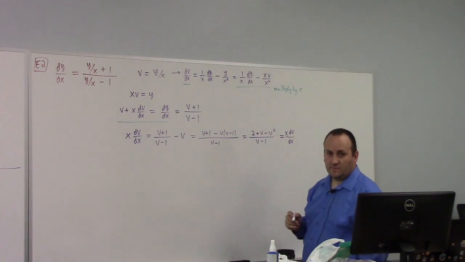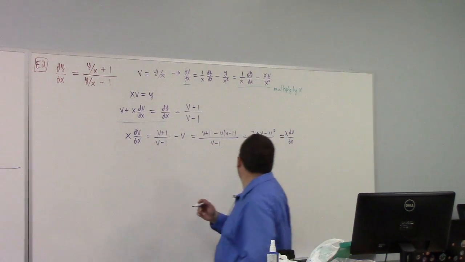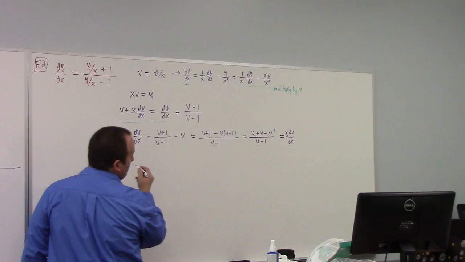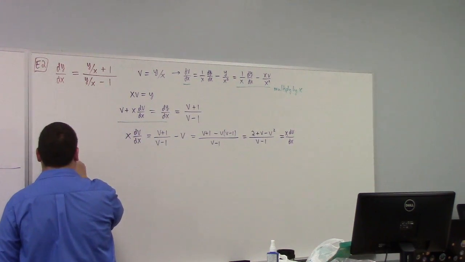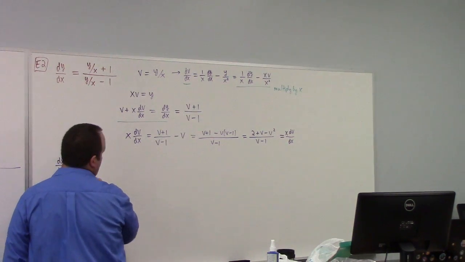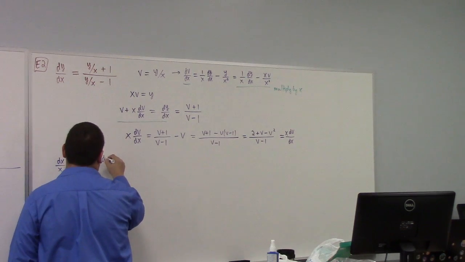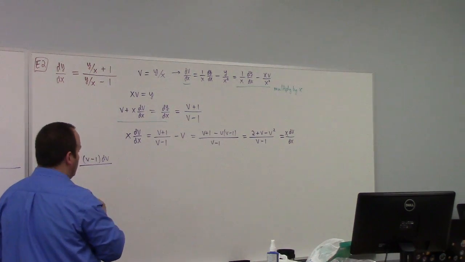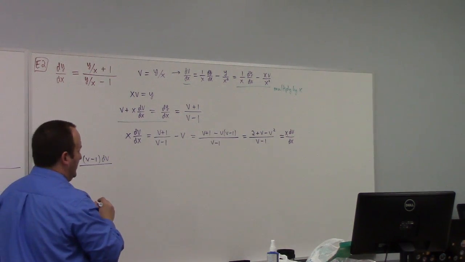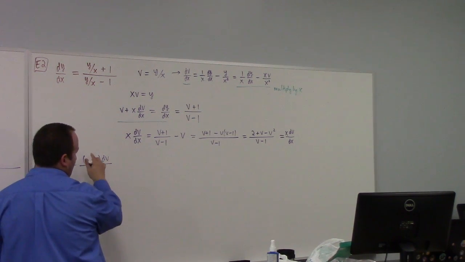Now we can separate variables, right? So let's do that. What's that give us? That gives us dx over x on the one side. Well, that's easy. But on the other side, we got v minus 1 dv divided by what? Tell you what, let me make that a 1 minus v, because I don't like working with minus v squared.